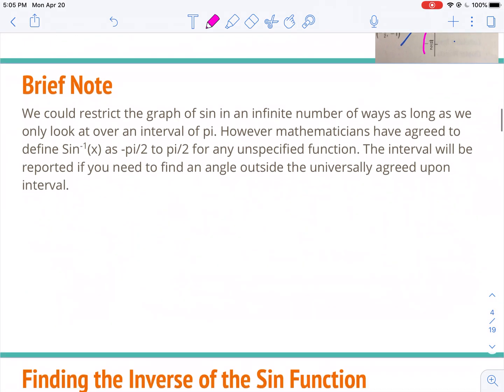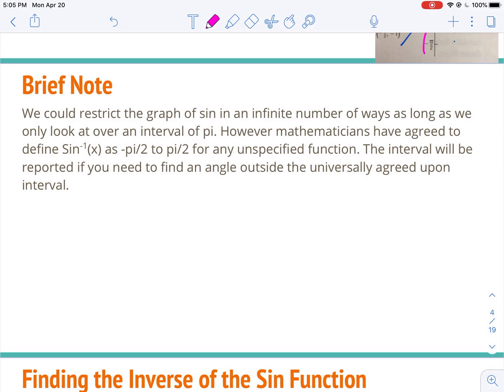Now I do have a brief note here. There's an infinite number of ways that I could restrict the graph of sine as long as I only looked at it over an interval of pi. I could restrict this from 0 to pi, I could restrict this from pi over 2 to 3 pi over 2, I could restrict this from 3 pi over 2 to 5 pi over 2, and so on and so forth.